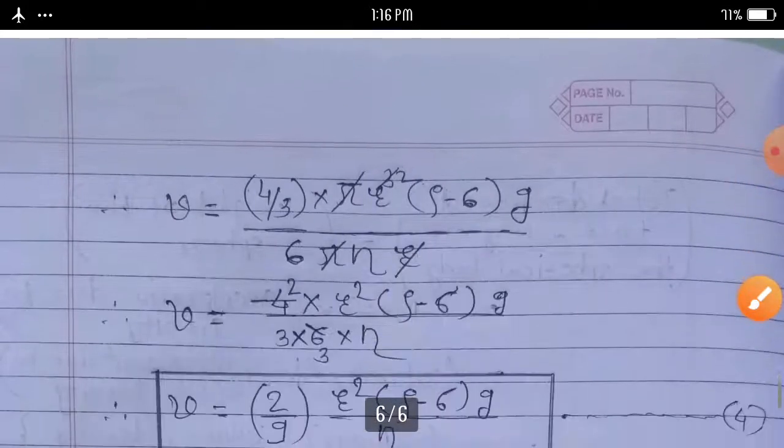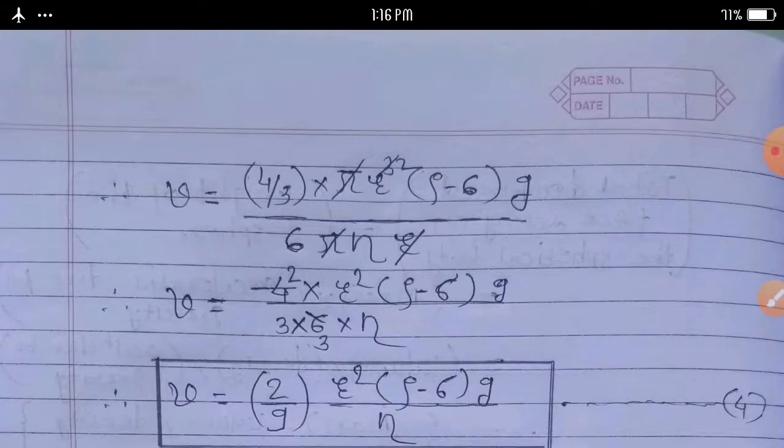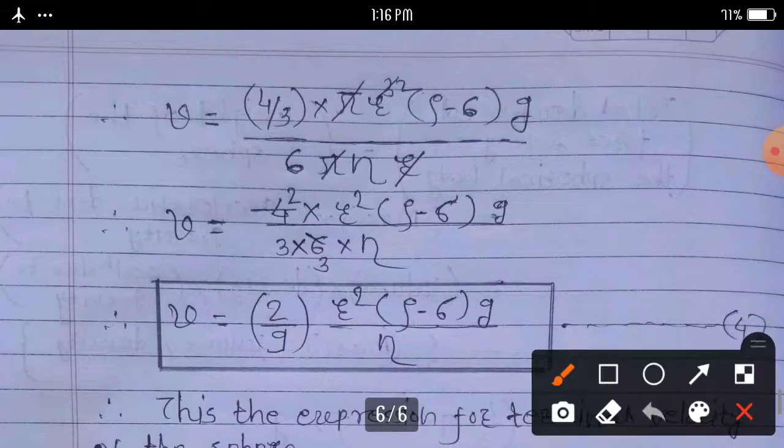The terminal velocity of the sphere is v. Then v is equal to 4 by 3 pi r cube, rho minus sigma, g upon 6 pi eta r.